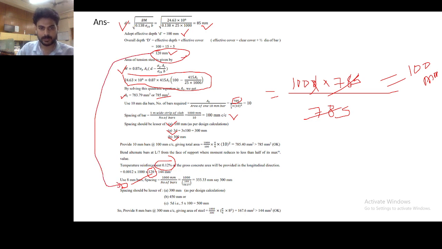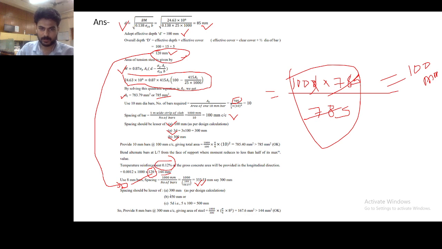So the area of the secondary reinforcement we got here, and then again by this formula we can calculate the spacing, right? By doing that, the spacing comes to be 333.33, which is greater than 300, so we can't use this.